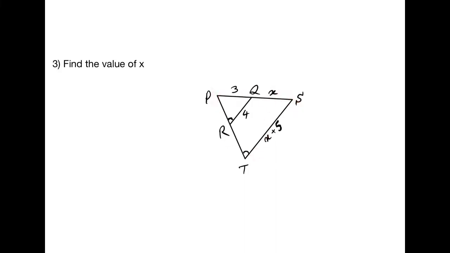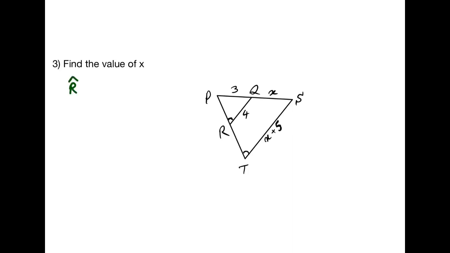Okay, so now first of all, why are these two triangles similar? Well, that's easy because angle R from this little triangle is congruent to angle T from the big triangle because they're given this symbol, right? This means that they are congruent. And angle P is the common angle, so therefore these two triangles are similar. So let's write it down.